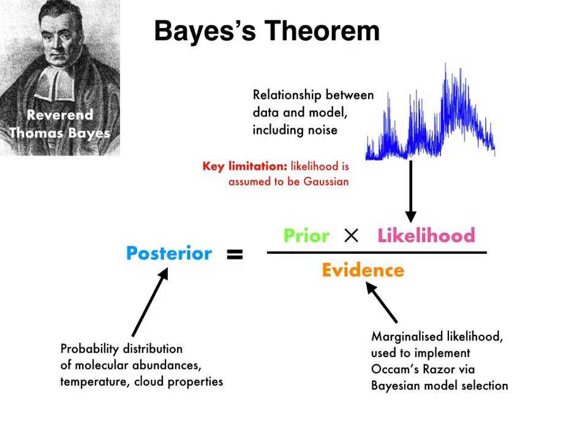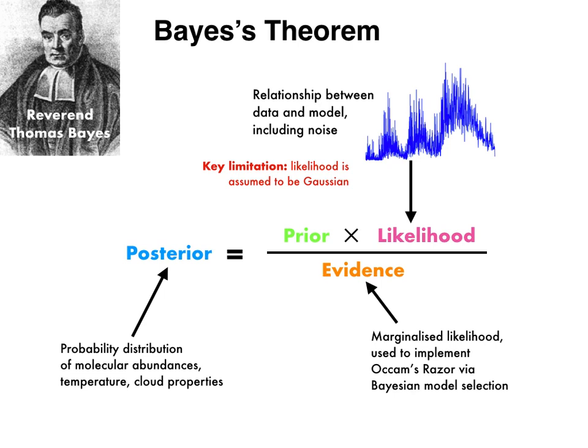So to talk about this, we have to go back and talk about Bayes' theorem. What is Bayes' theorem? Mathematically, Bayes' theorem was a relationship written down more than a century ago by Reverend Thomas Bayes. It's a relationship between the posterior of a parameter of a model.